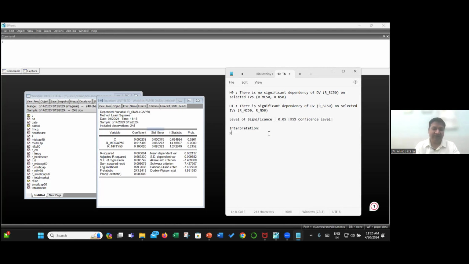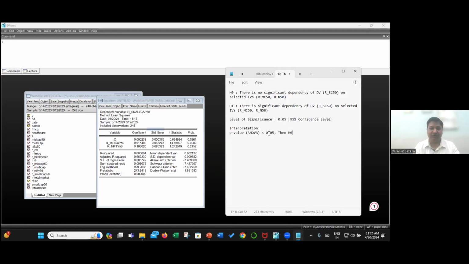For that, we use the thumb rule: the p-value of the test. Here the p-value is that of ANOVA, which is basically the F value. If the p-value of ANOVA is less than 0.05, then H0 will be rejected.